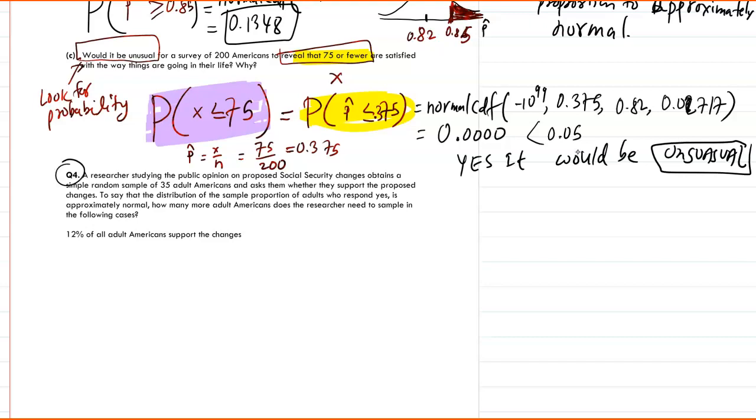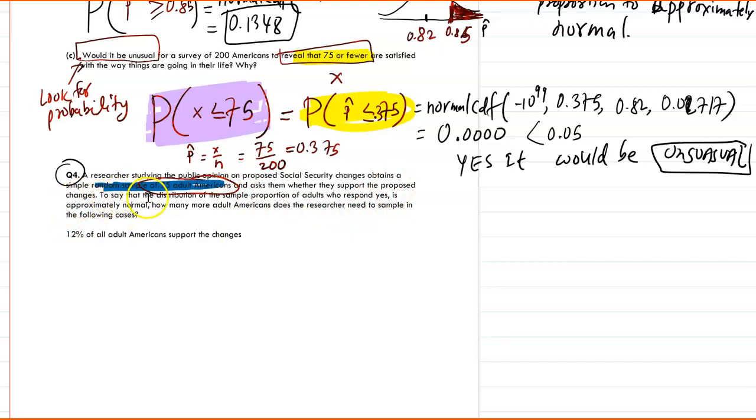Okay, a researcher studying public opinion on proposed social security changes obtained a simple random sample of 35 adult Americans and asked them whether they support the proposed changes.